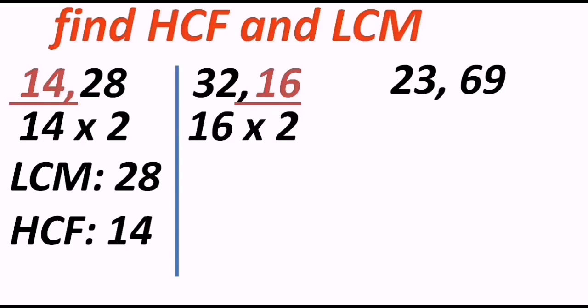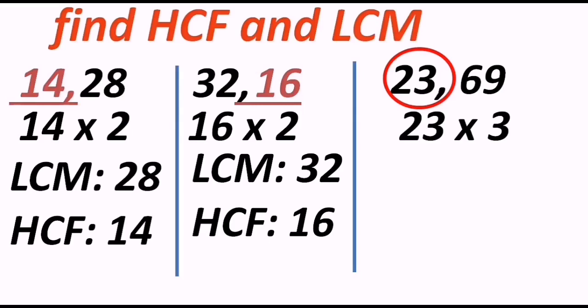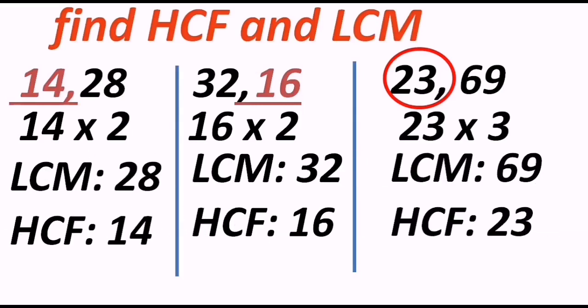In 16's table, 16 twos are 32, right? And that is why the bigger number, that is 32, will be the LCM, and the smaller number will be the GCD or the HCF. And the same goes with the third one. In 23's table, which is the smaller one presently, we get the answer 69. 23 threes are 69, right, and that is why the LCM will be 69 and the HCF will be 23.